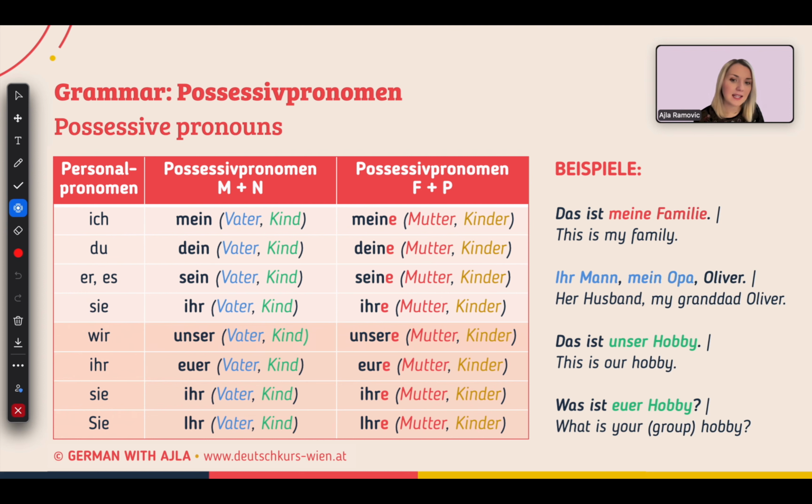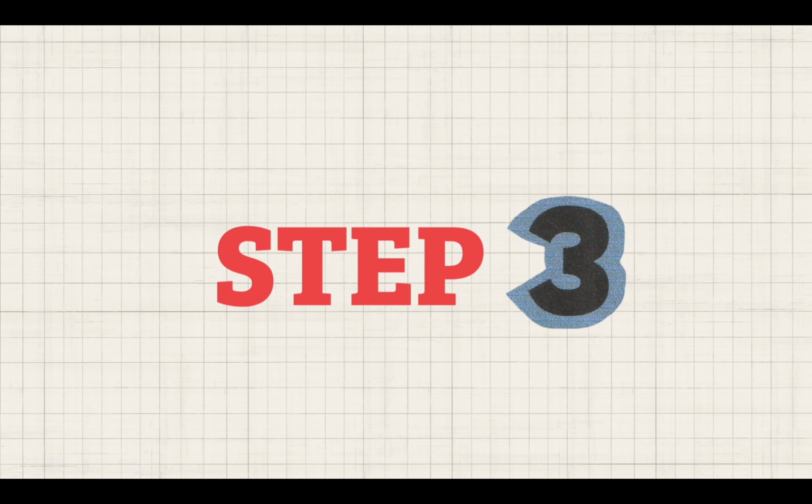You could ask him, ist das Ihre Mutter? Is this your mother? But in this formal context, to you he is a superior and you will not use the regular you, you will use the formal you. So you are asking, ist das Ihre Mutter? Is this your mother? Ist das Ihre Mutter?